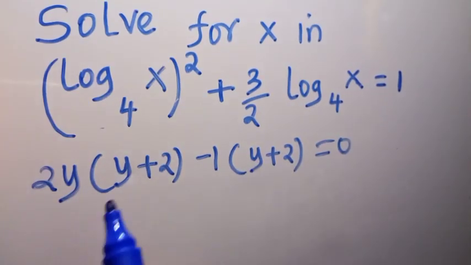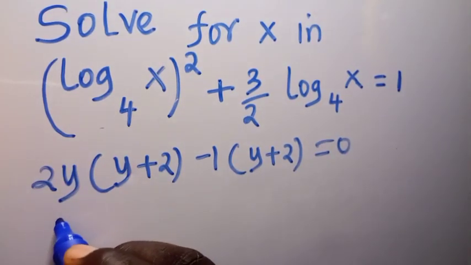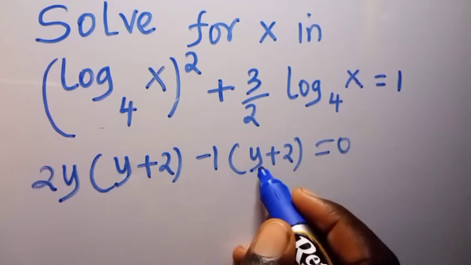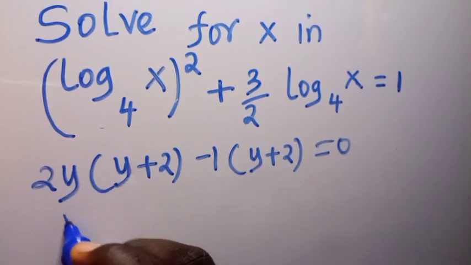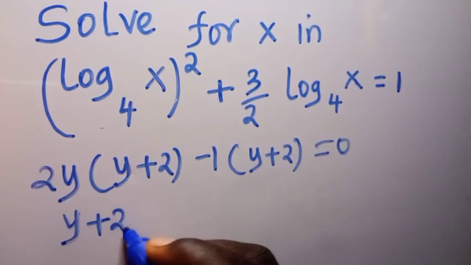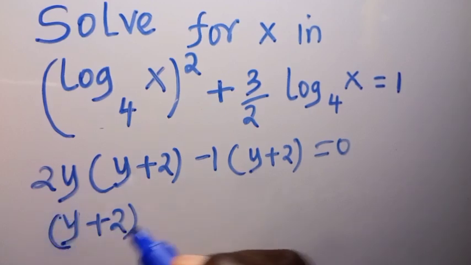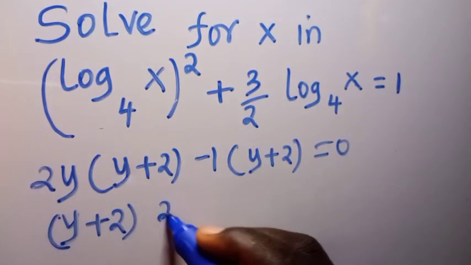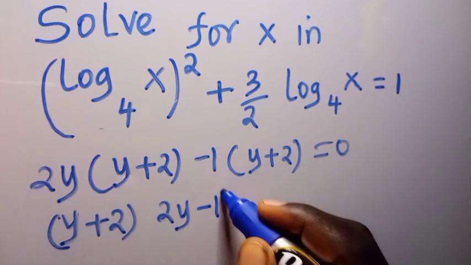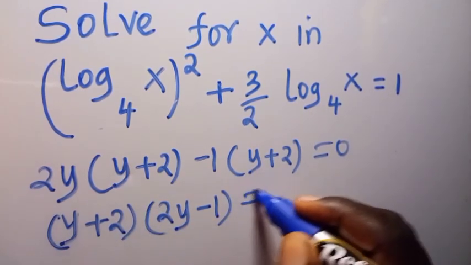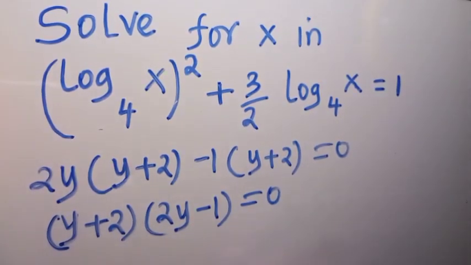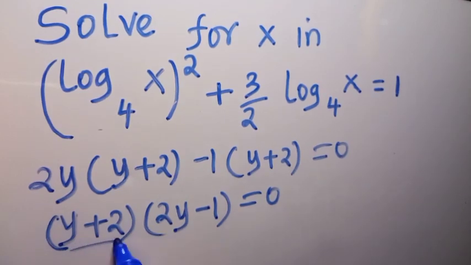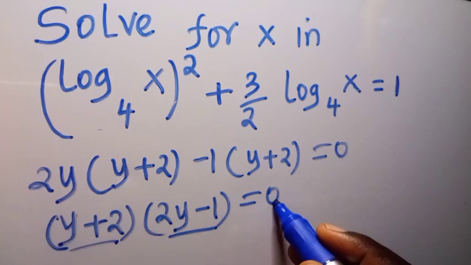Then from there, this is y plus 2 and this is y plus 2, so we can have y plus 2, close the bracket, then 2y minus 1, close the bracket, equals to 0. That means this one is 0, or this one is 0.